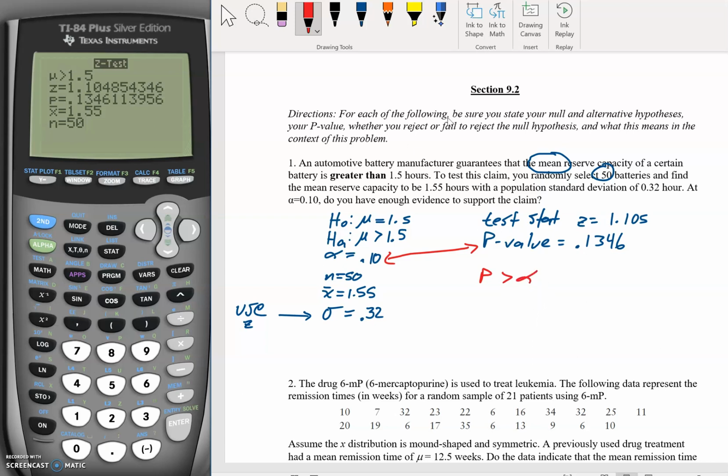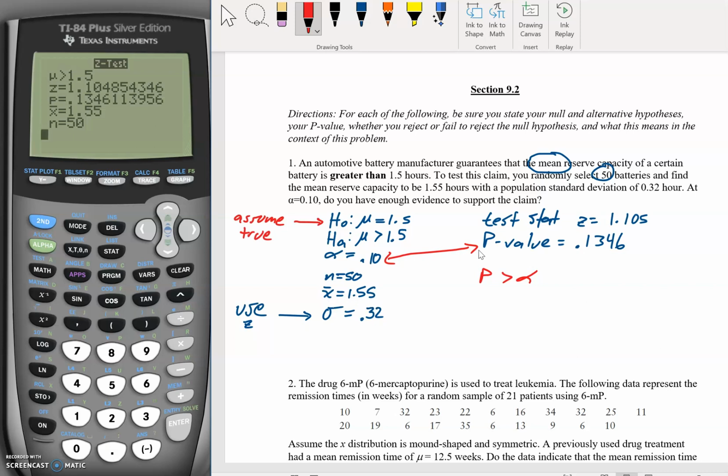What does that mean? Let's remind ourselves, because p-values are one of the most complicated ideas, I think, for most people to wrap their head around. So what does this mean? We have assumed the null is true. So we assume this guy to be true. And we say, okay, given that assumption, we went and took a sample, we got a sample mean, 1.55.